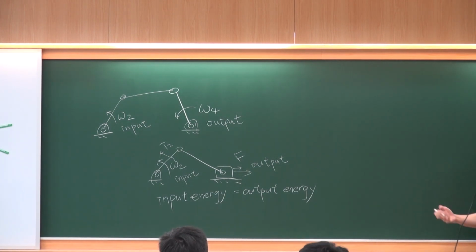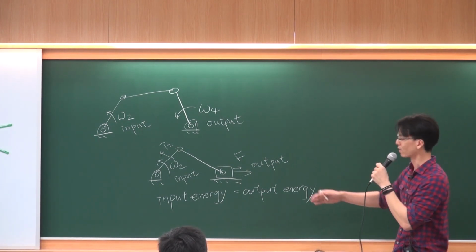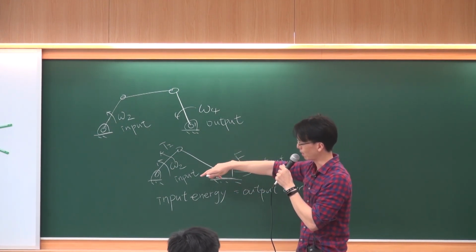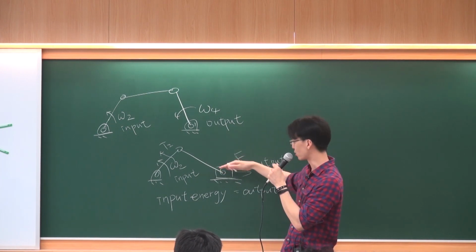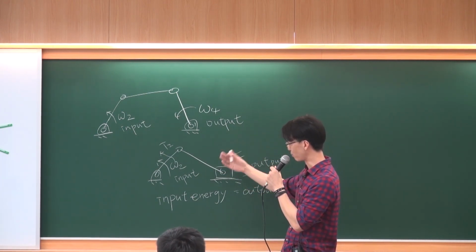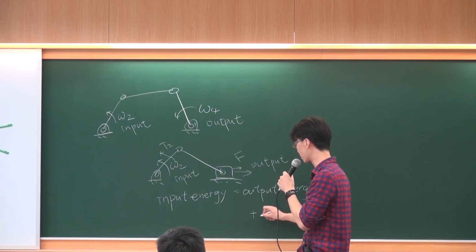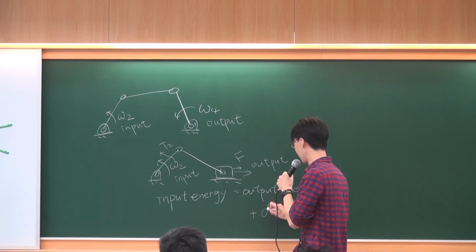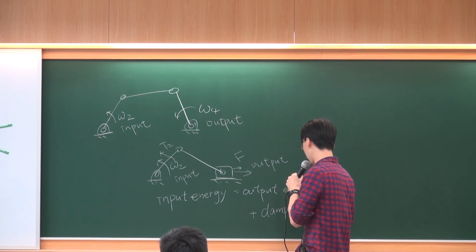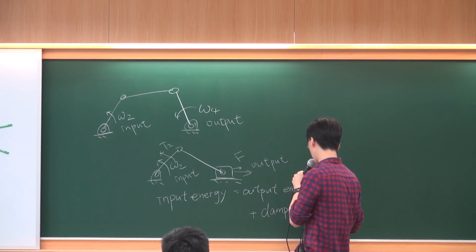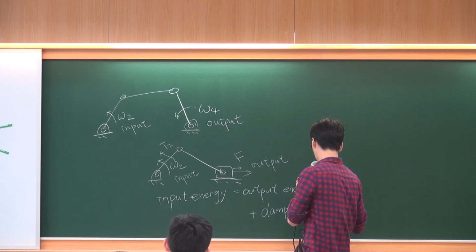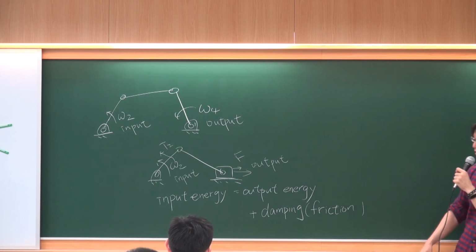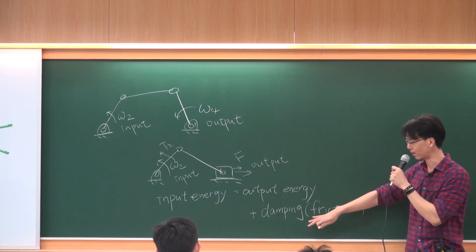The energy cannot just disappear, although sometimes there may be some friction inside. So the input energy will be the output energy plus the energy consumed by friction, if there is friction within this mechanism.